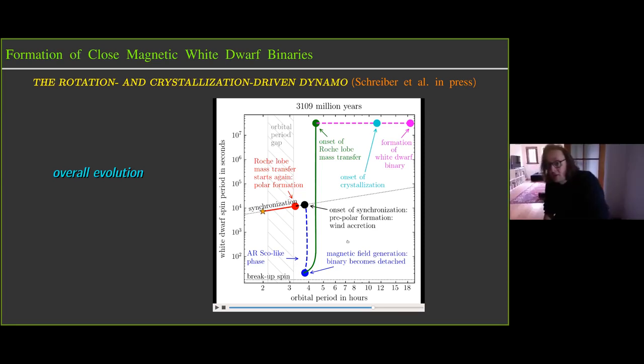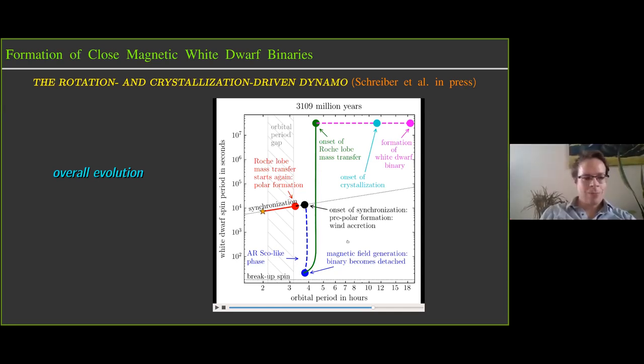Yeah, that's true. That's something we don't know, how fast the dynamo is generating the field, and what happens if the dynamo is still working. But the field doesn't decay quickly, so when there is a strong field, I think it should still be there. Okay, thanks.